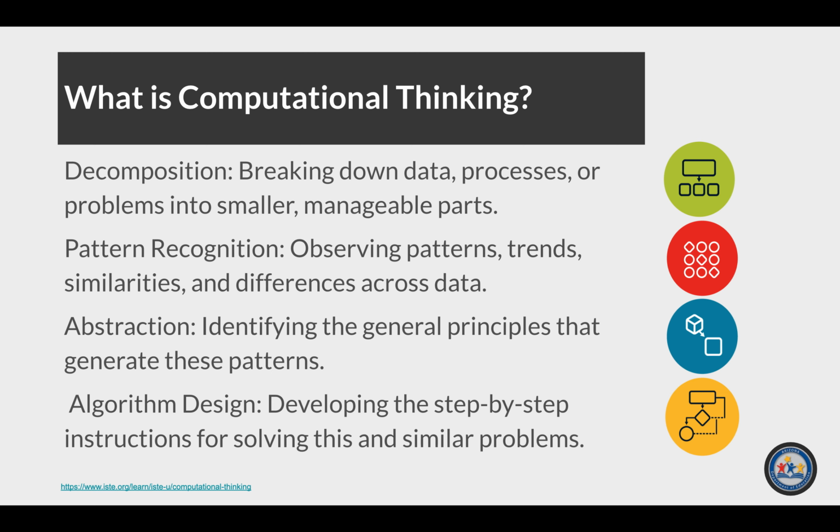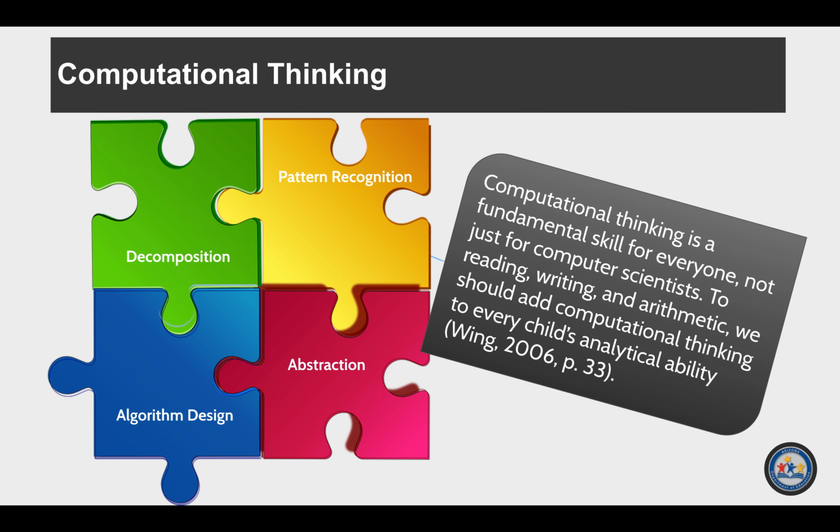Computational thinking is defined as the thought processes involved in expressing solutions as computational steps or algorithms that can be carried out by a computer. A step-by-step problem-solving process. Simply said, computational thinking is taking big problems and breaking them down into smaller problems and solving them.